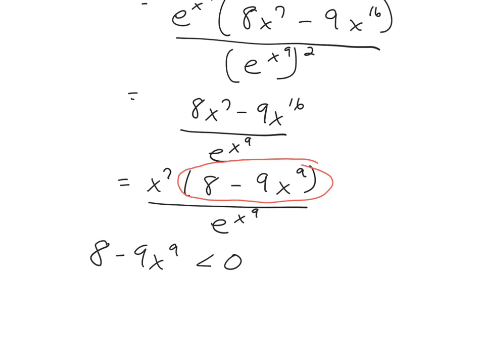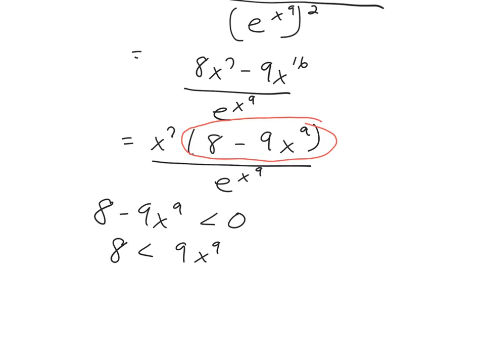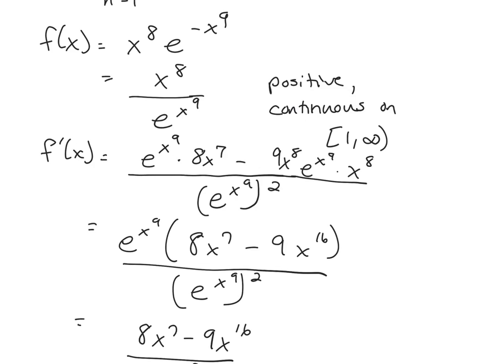When is this less than 0? So if I divide by 9, I get 8 over 9. And then I take the 9th root, but we're focusing on this interval 1 to infinity.